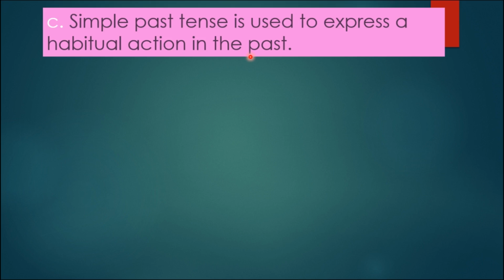I repeat, usually we express habitual actions in simple present tense. But you know, children, many people including we have some habits in the past which we don't have now. If you want to express such kind of past habits, definitely you can use simple past tense.